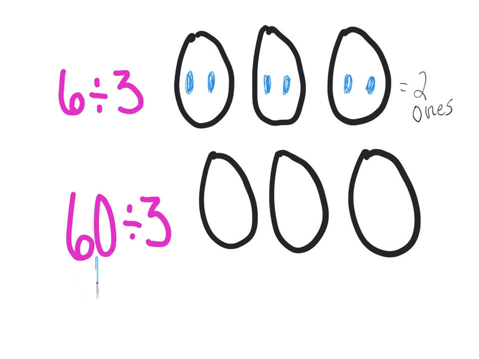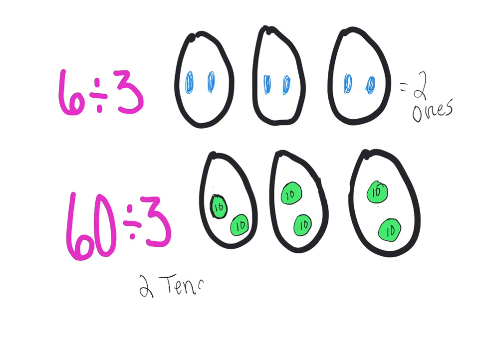Well, 60 divided by 3, same thing. We would have to take 60 and spread it out into 3 groups. So we would have 10, 20, 30, 40, 50, 60. So how many tens are in each group? Well, we would have 2 tens, which is equal to 2 times 10, 20.